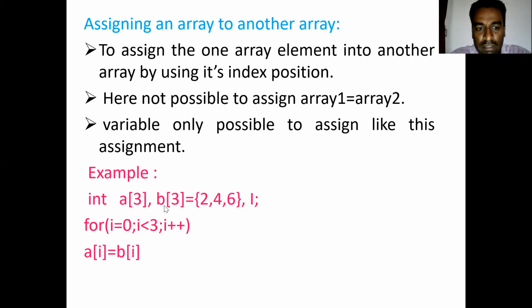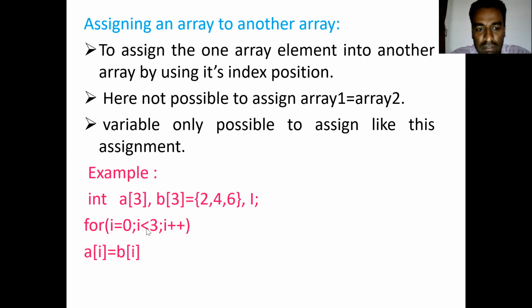Here I created two different arrays, A and B. In array B, the values are 2, 4 and 6. Using a for loop, i equal to 0, i less than 3, I assign B of i to A of i.